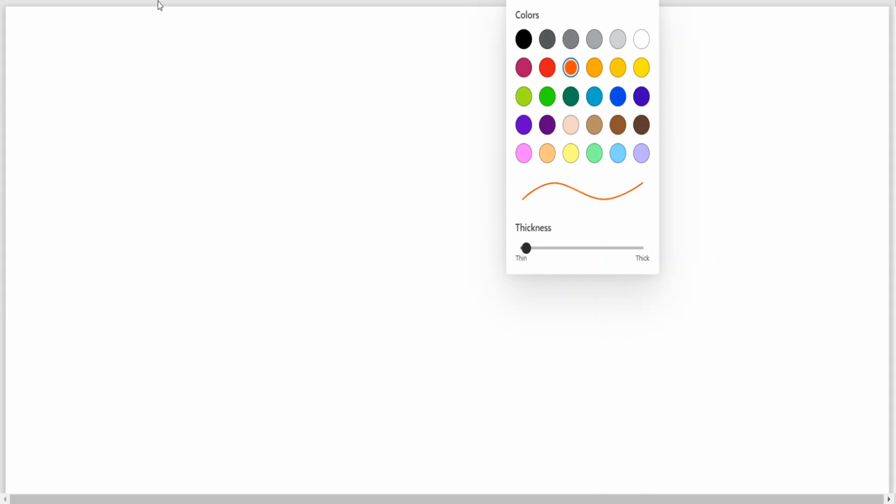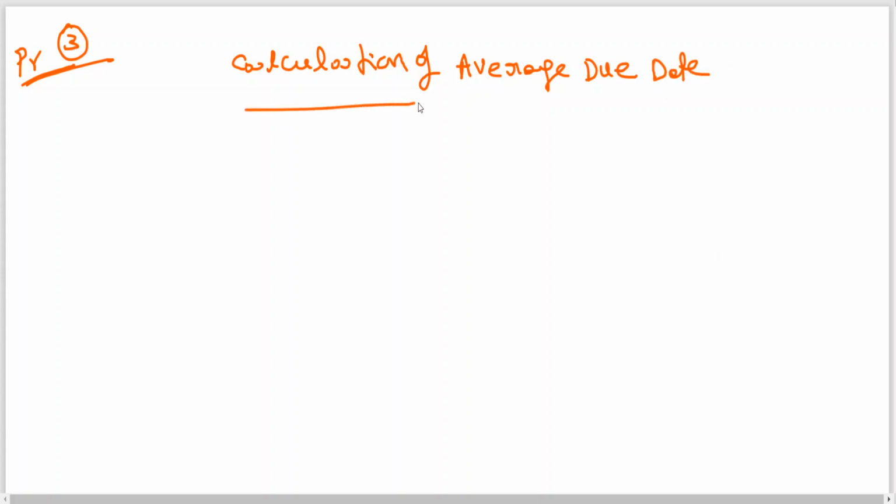Calculation of problem number 3. Calculation of average due date.